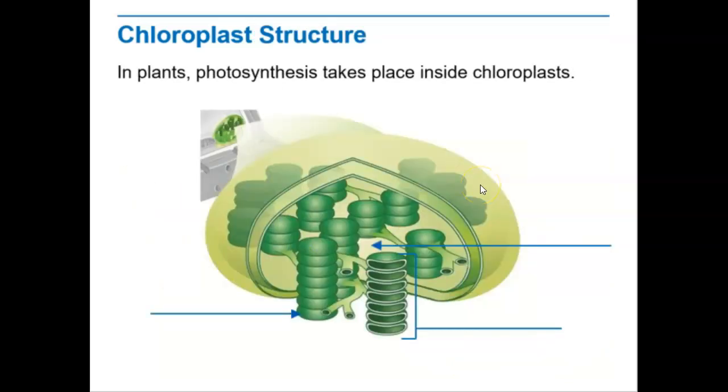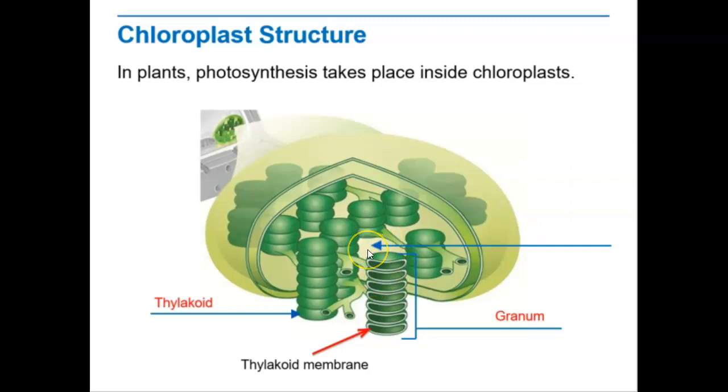Now, the chloroplast structure itself, I mentioned these stacks. These stacks, these individual little discs, are called thylakoids, all right? And a stack of thylakoids is called a granum. If you look here, they have the thylakoids cut in half. So the edge or the membrane on the thylakoid is called the thylakoid membrane, right?